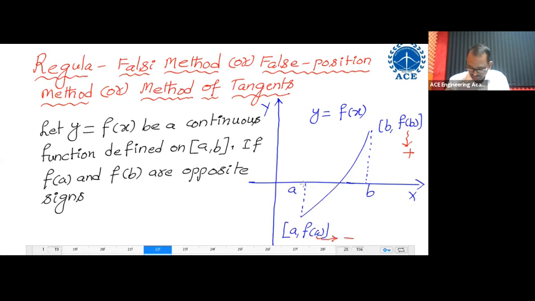let it be capital A, let it be capital B. So the curve AB is replaced by chord AB.